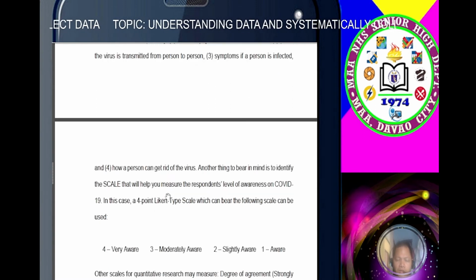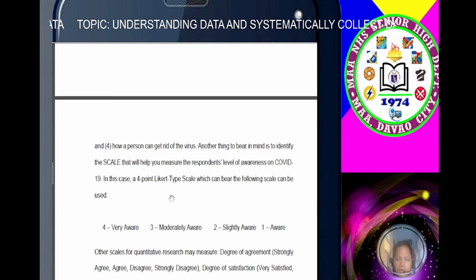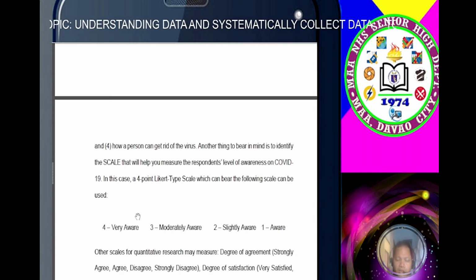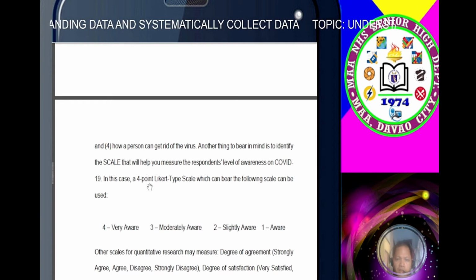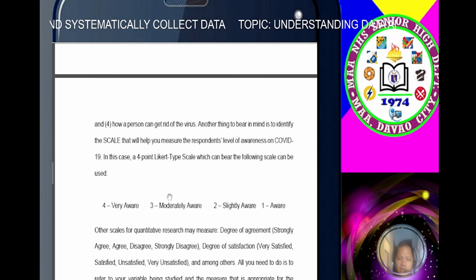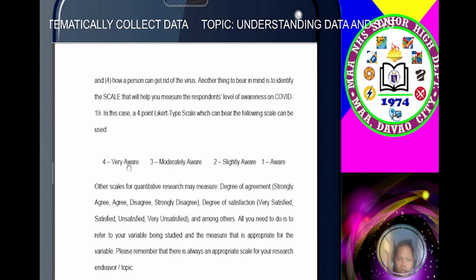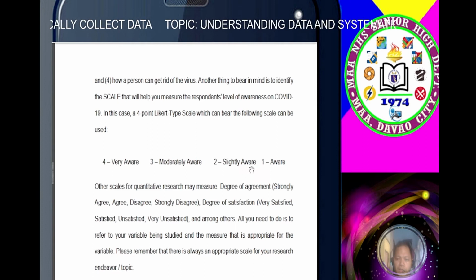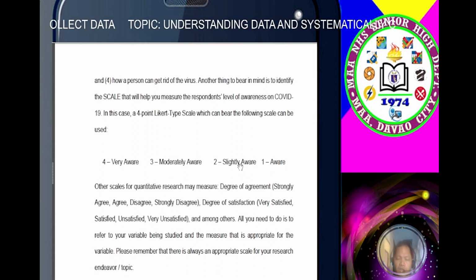After that we will have the Likert scale. Here it uses 4 points, while some other Likert scales use a 5-point scale. These descriptors, like very aware, depend on your research questions.